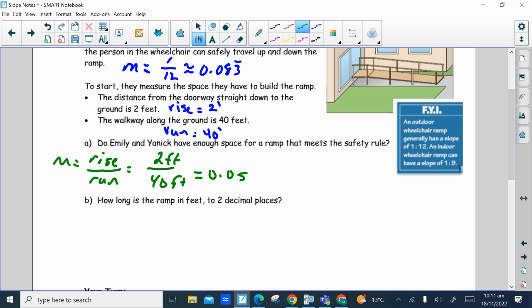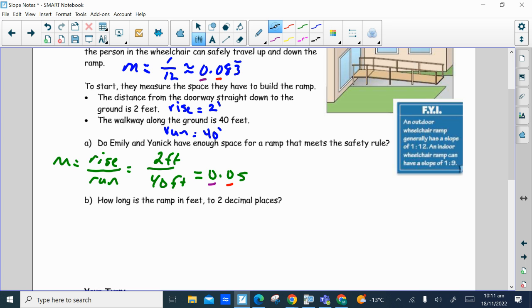Now, if we compare that to the safety number, we've got the same number in front of the decimal, 0 and 0. So those numbers are the same. We've got the same number after the decimal directly. Those are also zeros.